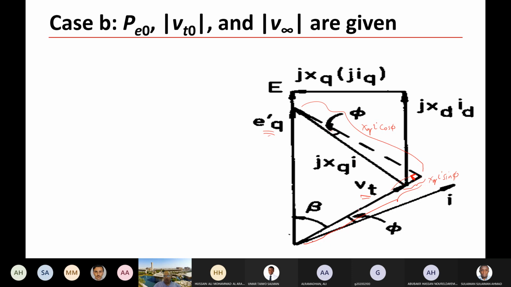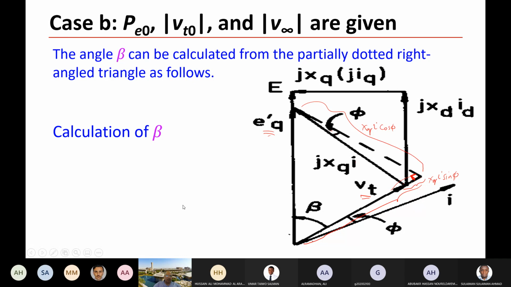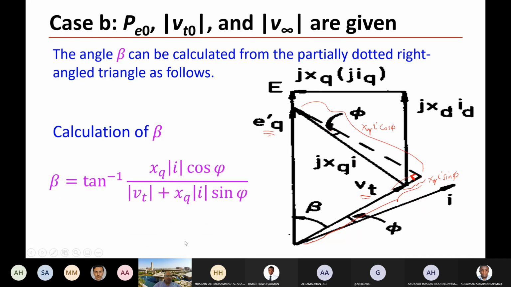So this over the summation here gives you tan beta. So keep this in your mind for the time being. Of course, we cannot find beta yet, and we still need phi. We still need the current magnitude, and so on. What we know here is the terminal voltage only.